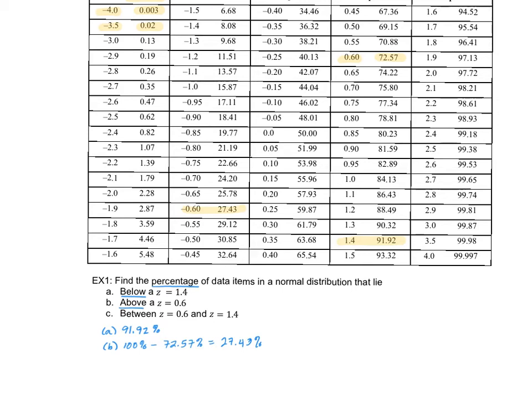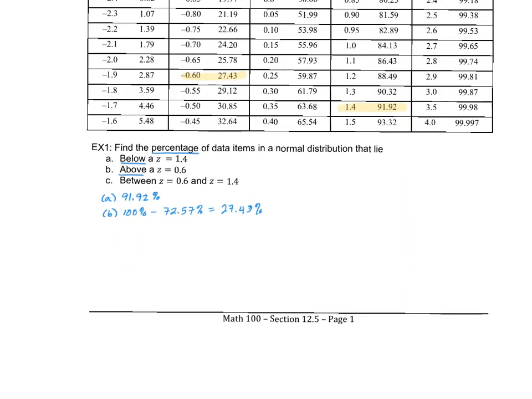Let's look at part C. We want to find the percentage of data items that fall between a z-score of 0.6 and a z-score of 1.4. Whenever you're asked to find between, you simply subtract the smaller from the larger. And you don't have to do any adjustment.